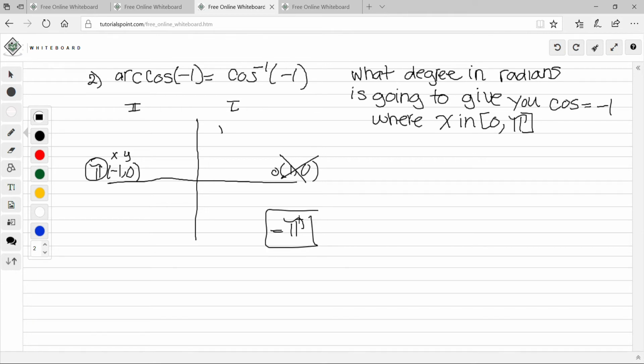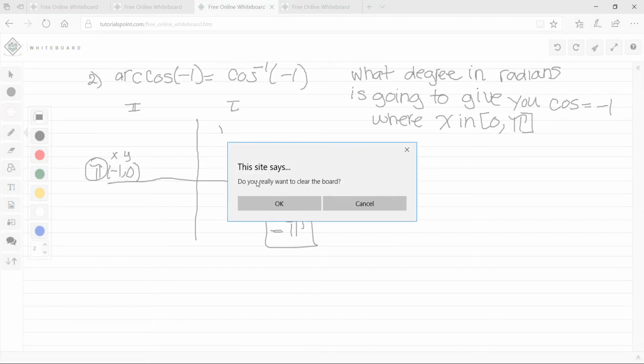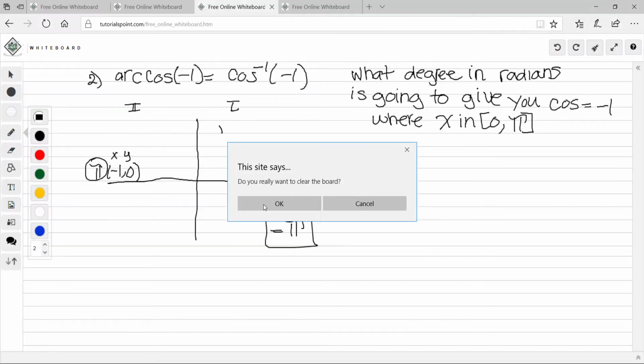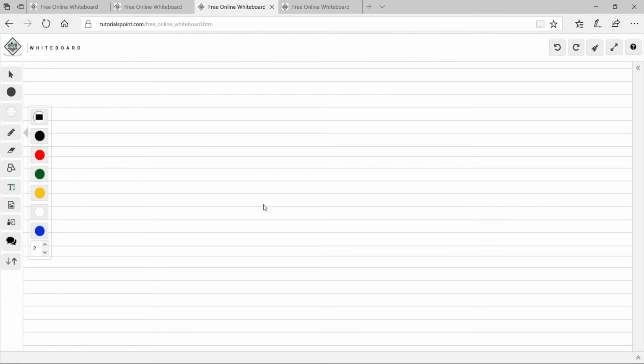Okay, let's do another one. So number 3, let's do secant inverse of 2. This one's kind of tricky because it's secant. Let me explain it in words.